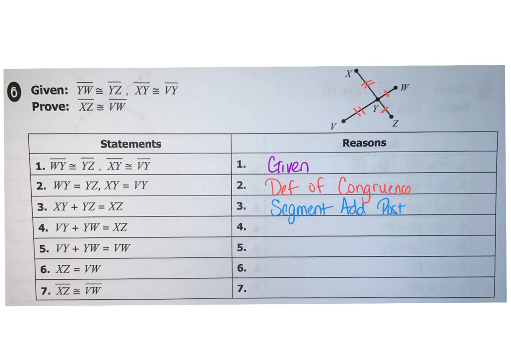What did they do there? Yes, we replaced XY with VY. We replaced YZ with WY. So we replaced these two pieces with that. This would not be transitive. This could only be substitution here.